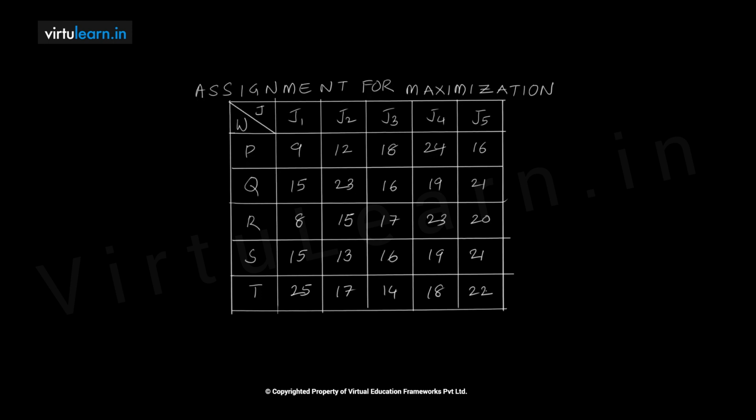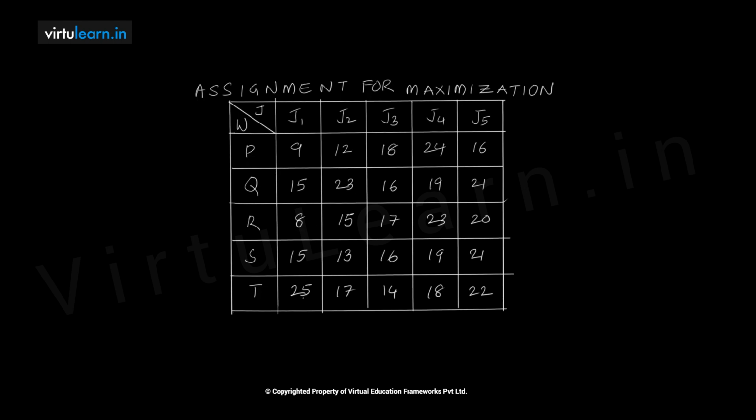We will examine all the elements of this entire table and see what the maximum value is. In the first row we find 24, here 23, so till now 24 is the highest, but here we see that 25 is the highest element.